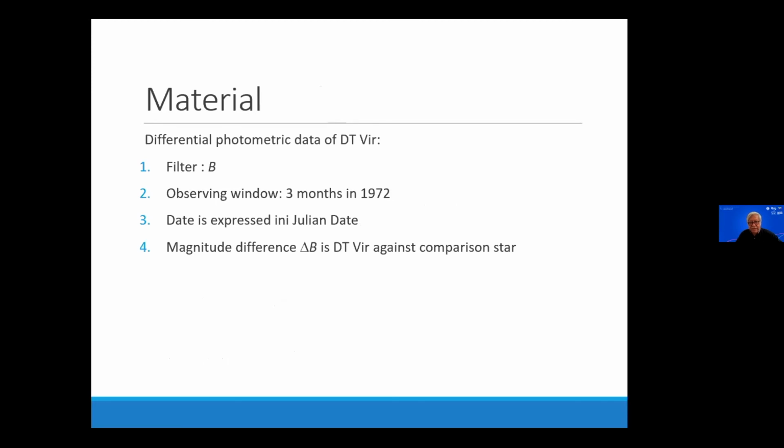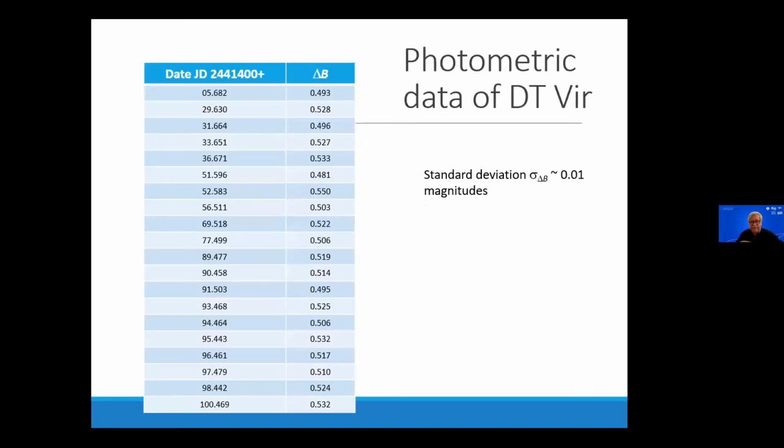So the material provided to you is data of DT Vir in filter B, and the observing window is 3 months in 1972. Date is expressed in Julian date, and the magnitude difference delta B is the magnitude of DT Vir against the comparison star. So the data looks like this. As you see here, you can simply enter this into Excel.